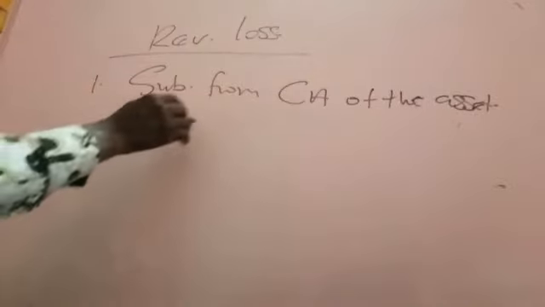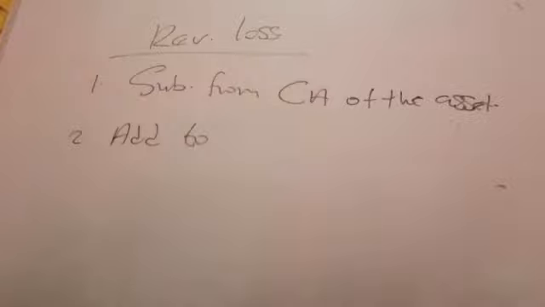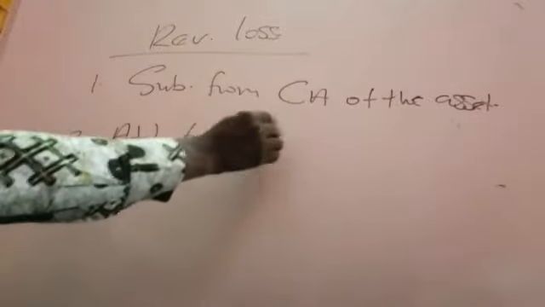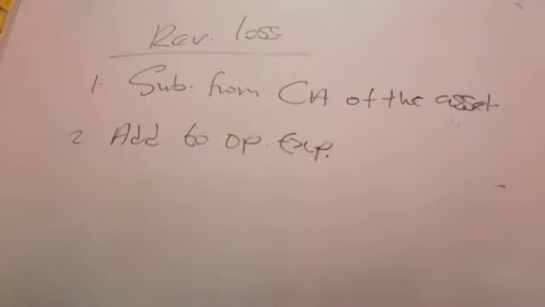So it must be expensed in the P&L. That's the treatment. All revaluation loss must be expensed. Revaluation gain must be treated as what? OCI, except where there's a previous loss. Good. So here too, let's take a nice example.